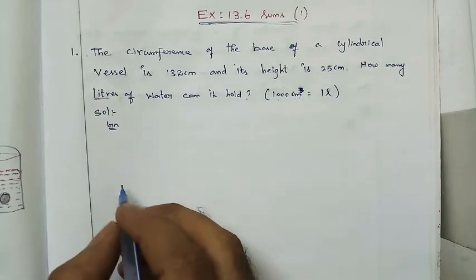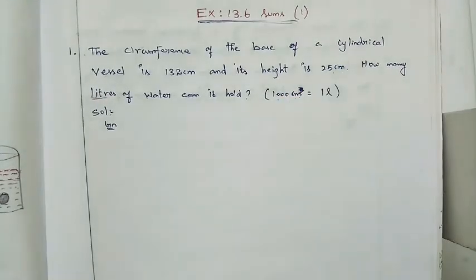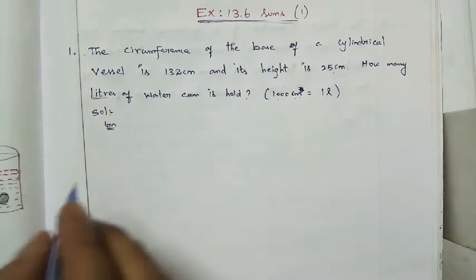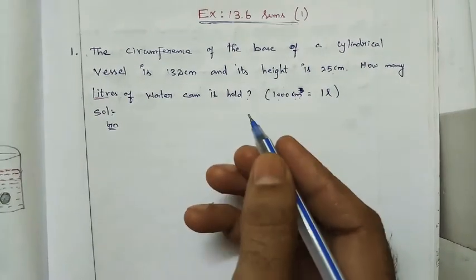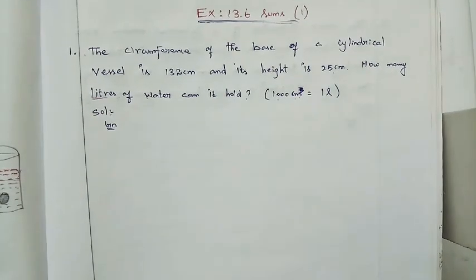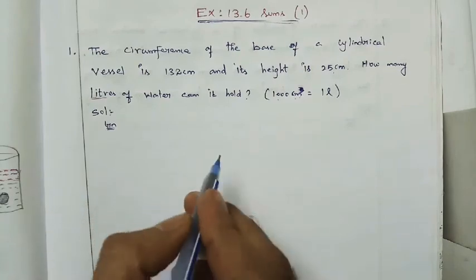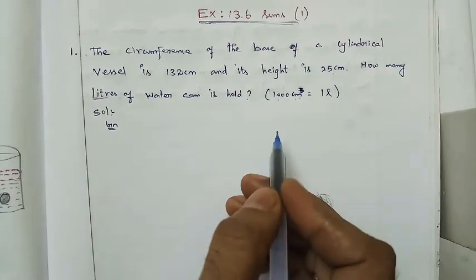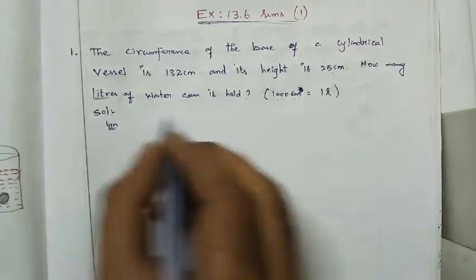So first we want to find the volume of the cylindrical vessel. For that, what things do we need? The radius and height of the cylinder. Here, what is given?